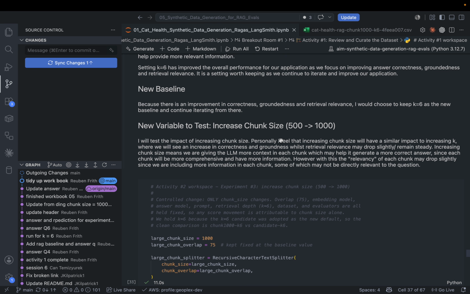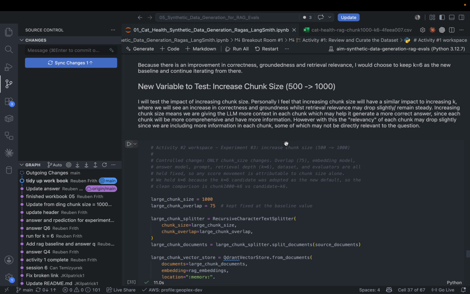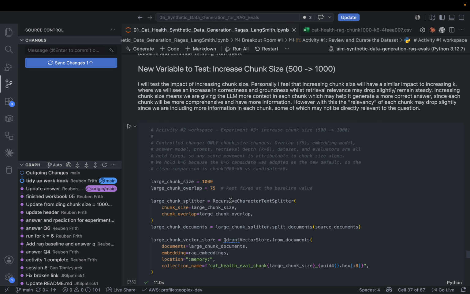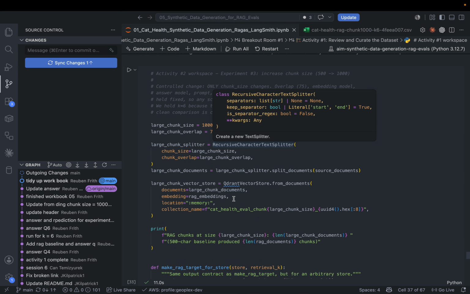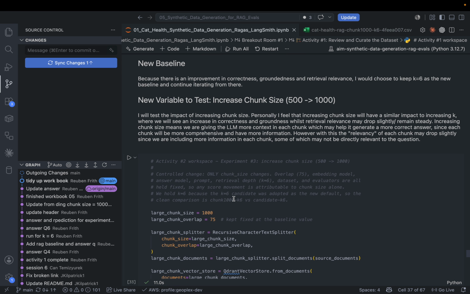And then the next experiment done was increasing the chunk size from 500 to 1,000. But we kept the same chunk overlap and all the other variables were the same. This is important because then we can attribute the change to only changing that one variable, the chunk size.